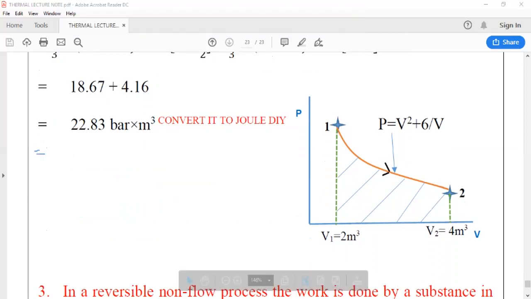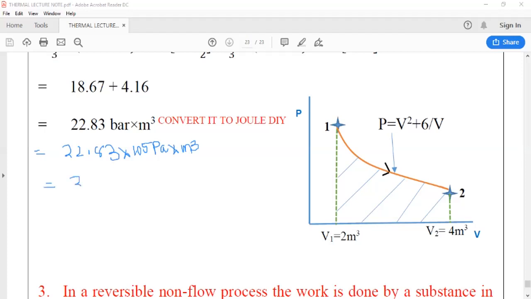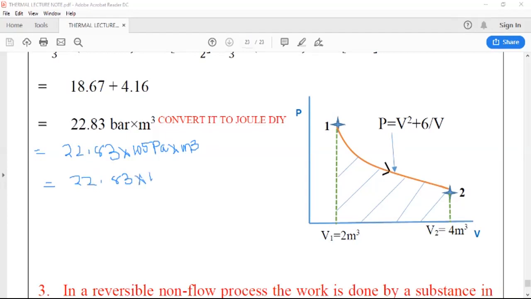Then 22.83 bar is equal to how many Pascal? 22.83 into 10 to the power 5 Pascal into meter cube. So 1 Pascal is equal to 1 Newton per meter square. So this is 22.83 into 10 to the power 5 Newton per meter square into meter cube.